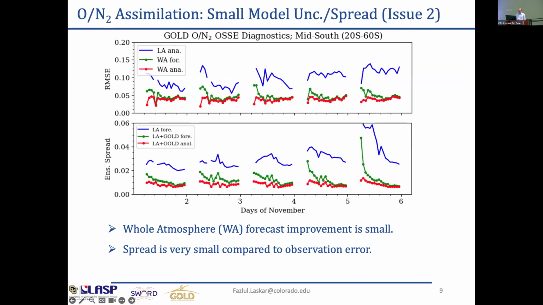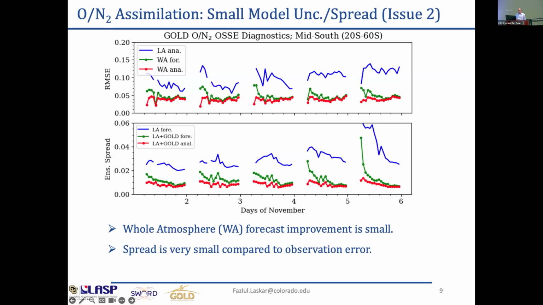And then we had another issue. The ensemble spread was very small if we used the earlier setup, and the difference between the forecast and the analysis, the green and the red line, is very small. That means the assimilation of the data does not improve the model states.